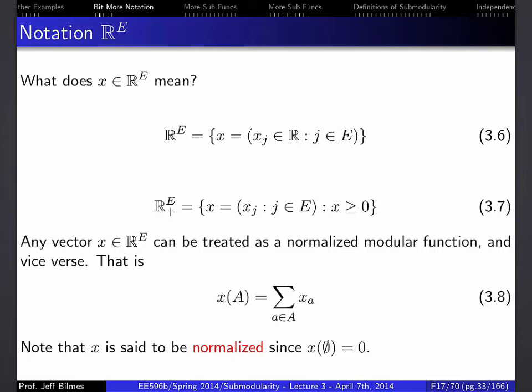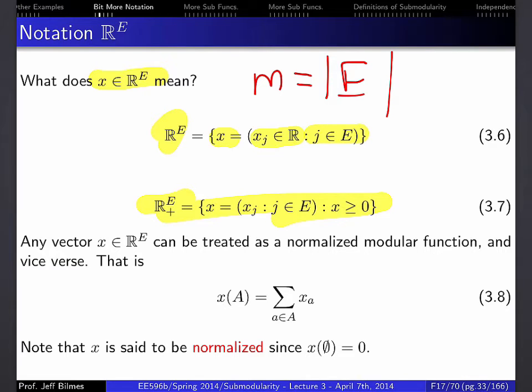A vector in R to the E basically means that E is a ground set, and you're in an m-dimensional space where m is the size of E. Except that the dimensions are indexed by the elements of E. So that basically means that this set, R to the E, is all x, where the jth element for all j in E is some real number. And R to the E plus is basically just the positive orthant.